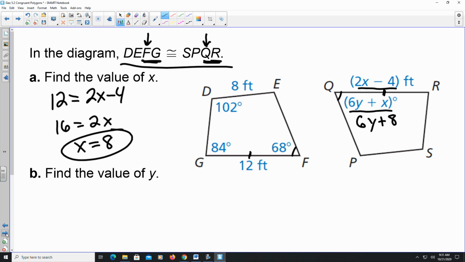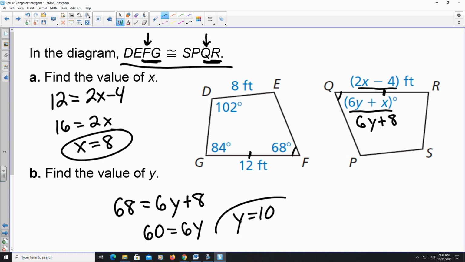So now I can say, in order to solve for y, 68 degrees is going to be equal to 6y plus 8. So now to solve for y, subtract 8 from both sides, I get 60 is equal to 6y, divide everything by 6, y is equal to 10. So that's how we can solve for both x and y because of the congruency statement that was given to us.